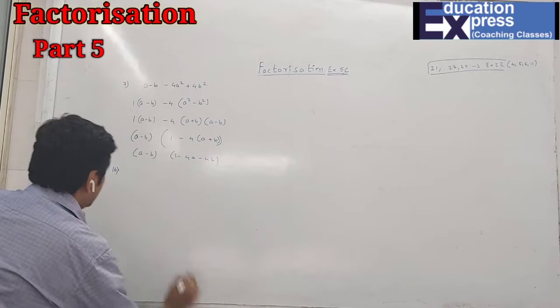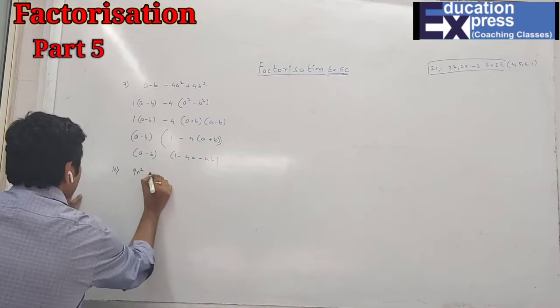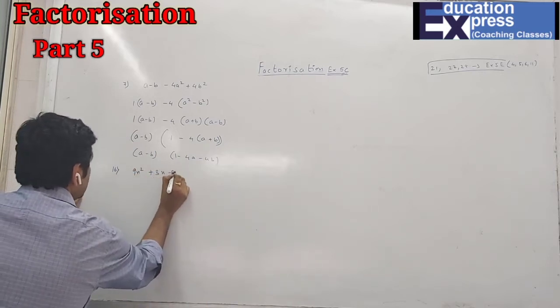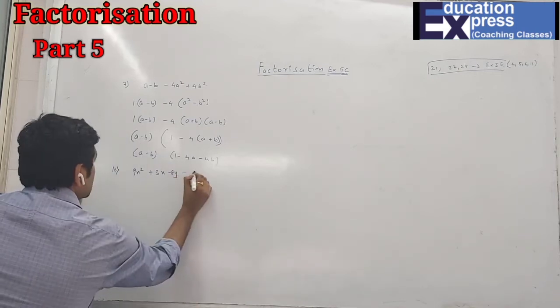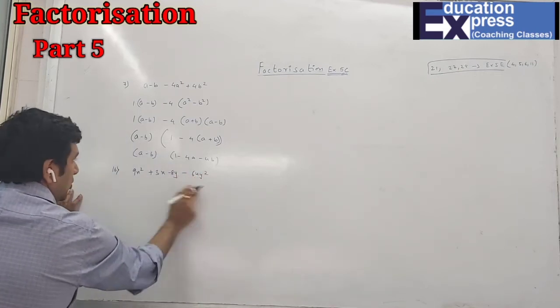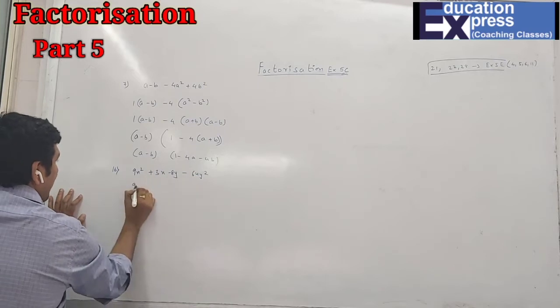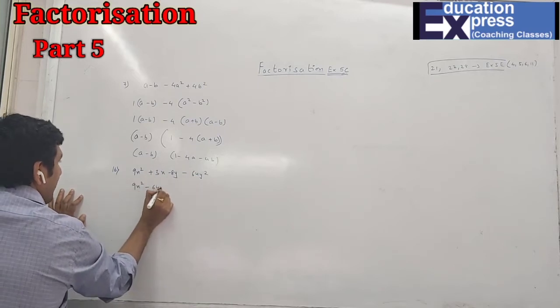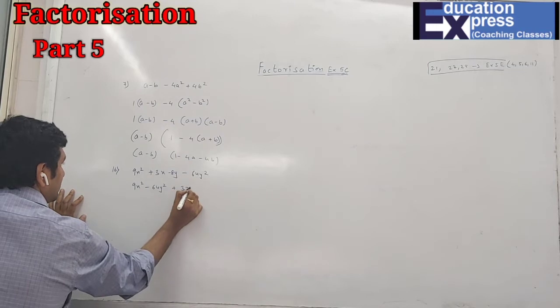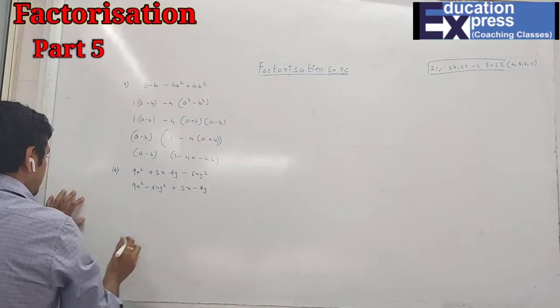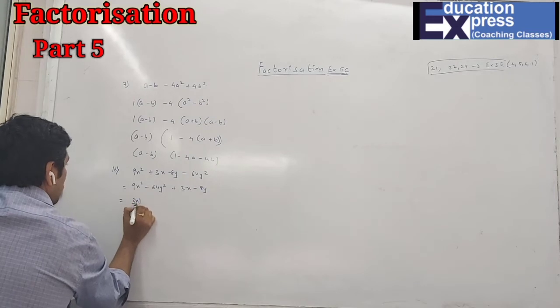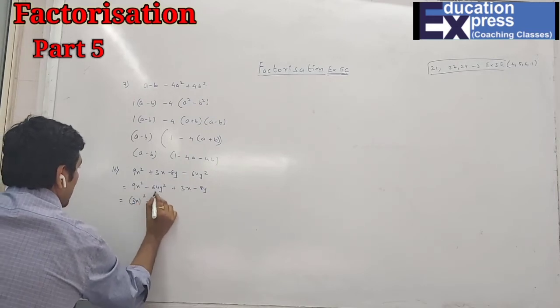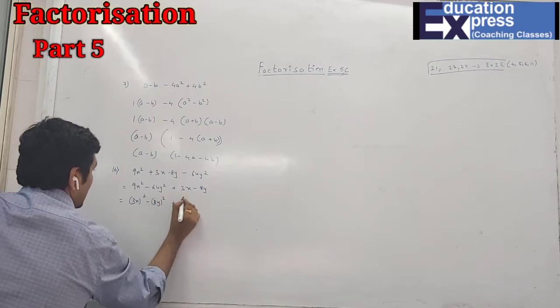(9x square plus 3x minus 8y). Same to same sum I have done. Out of 4, 2 numbers are perfect squares. So this is a square for 3x, this is a square for 8y, and there is nothing common.